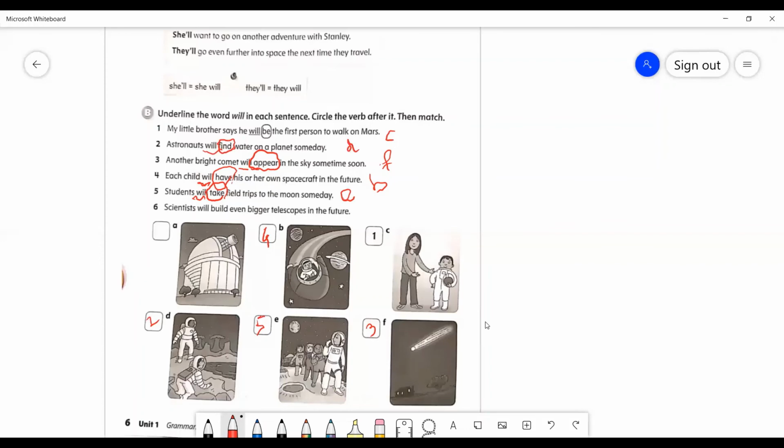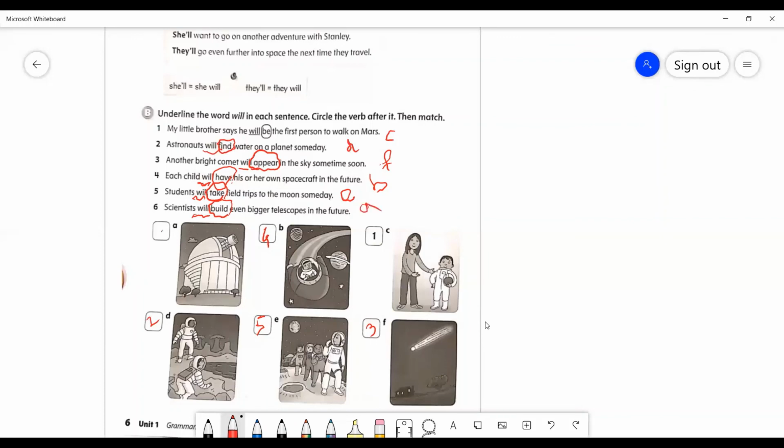So the last sentence, scientists will build even bigger telescopes in future. So we will underline will, and the verb is build. So we will circle the verb, and the picture which is matching with sentence number 6 is A.